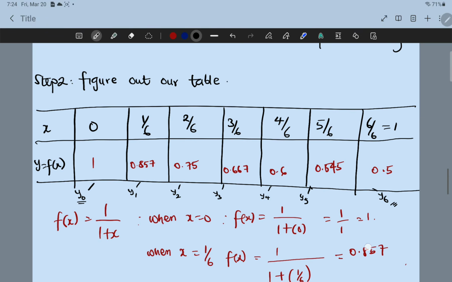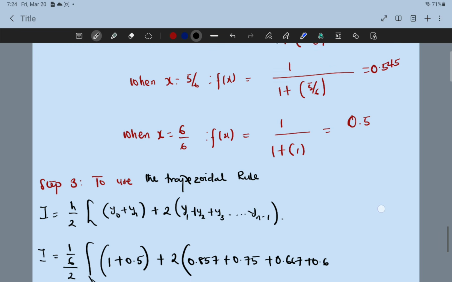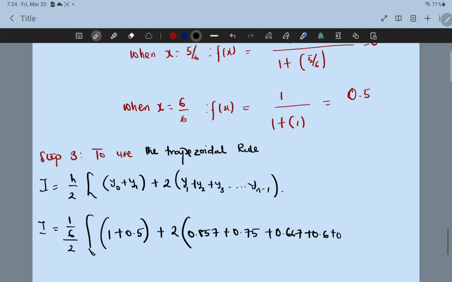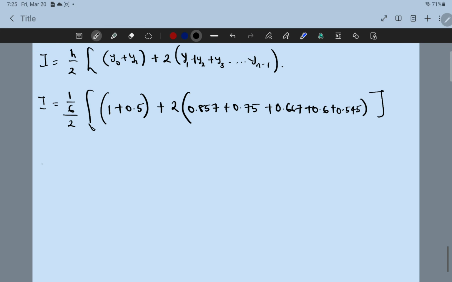Then Y5 is 0.545 plus 0.545. Is that okay? We have it as this. So your H over 2 is 1 over 12. When you have 1 over 6 divided by 2, that's 1 over 6 times 1 over 2, that's 1 over 12, right? All right. So we have it as this.